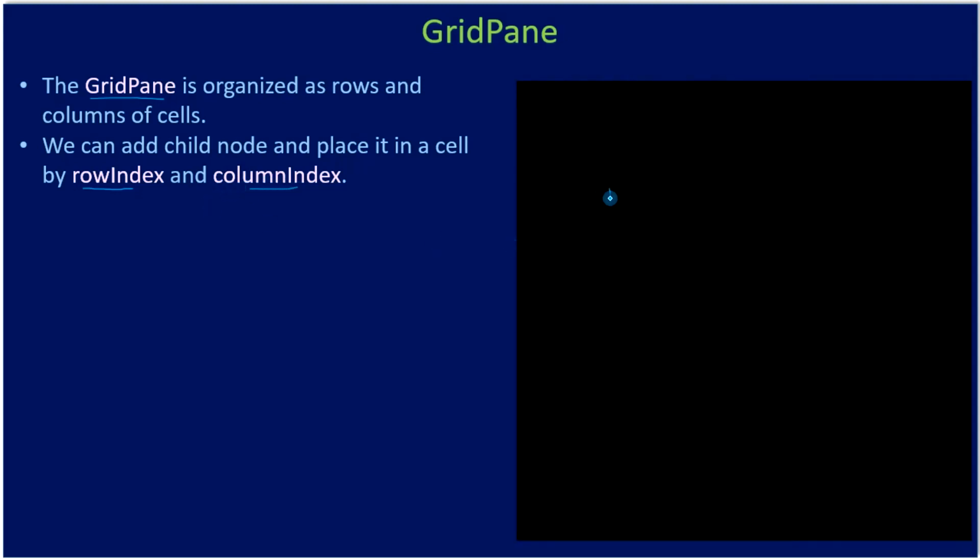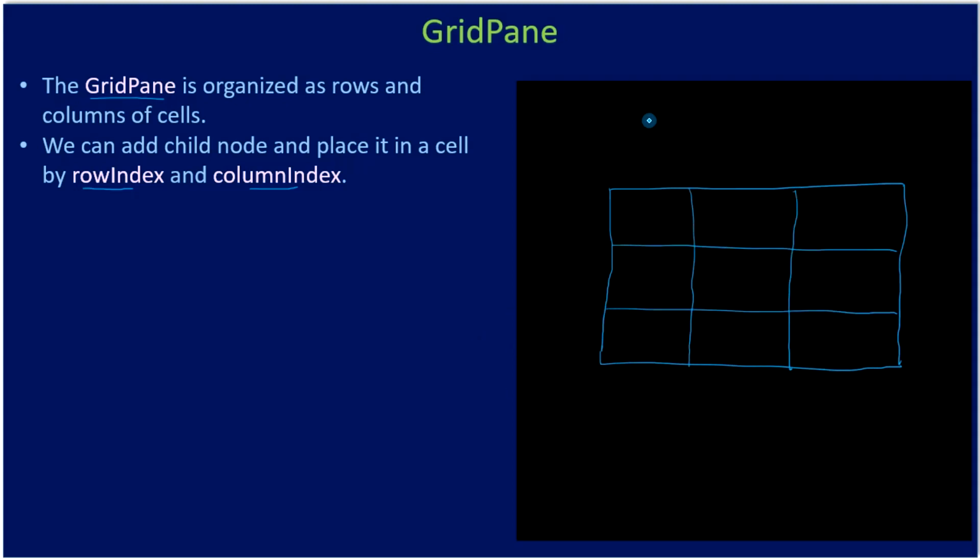So let's say we have a GridPane defined just like this. You can specify the column index. So indexes start from 0, 1, 2. So this will be the column index and the row index will come like 0, 1, 2.